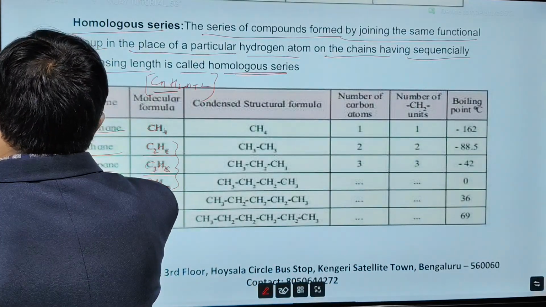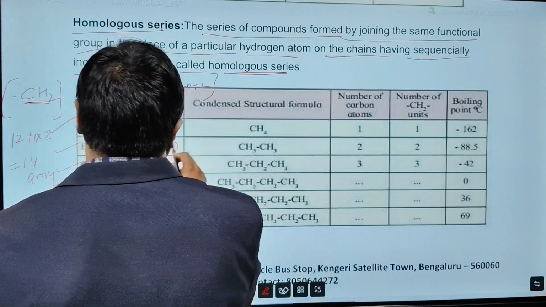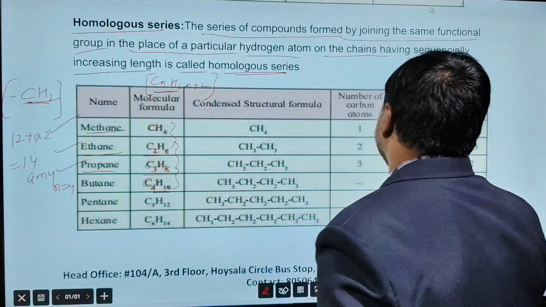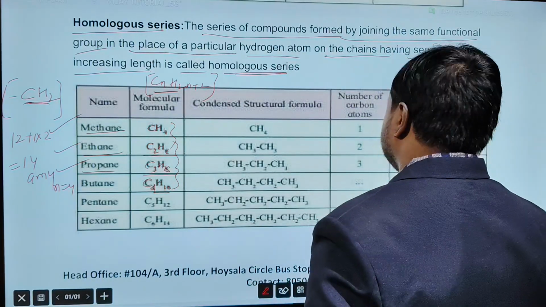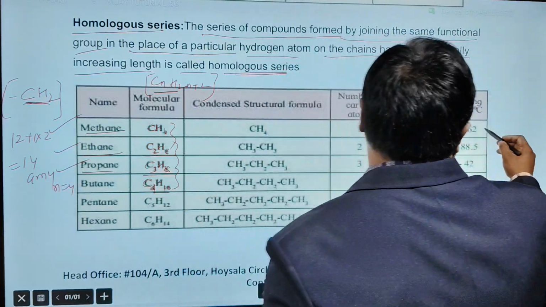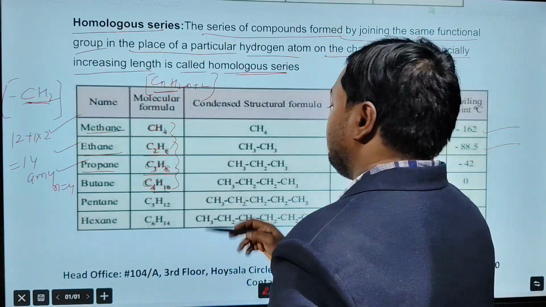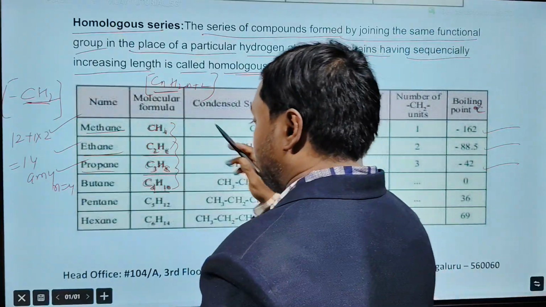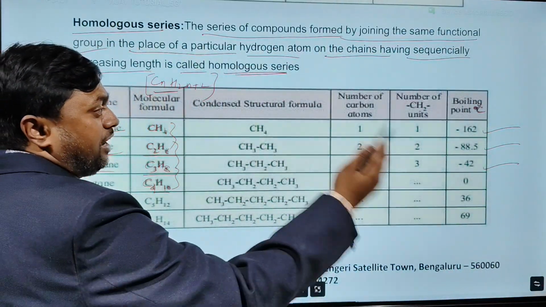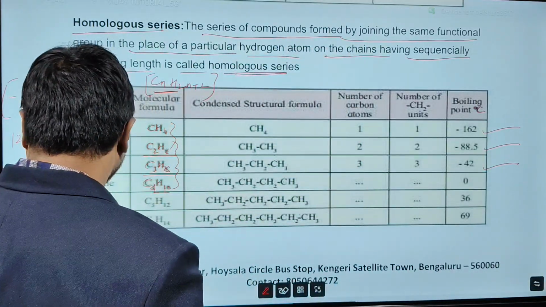So there is a difference of 14 atomic mass units between any two successive members. Yes or no? So that is a homologous series characteristic. You can see here, given methane, boiling point is minus 162, ethane minus 88.5, propane minus 42 degrees Celsius. So the members of a homologous series have different physical properties like boiling point, melting point. Yes or no?